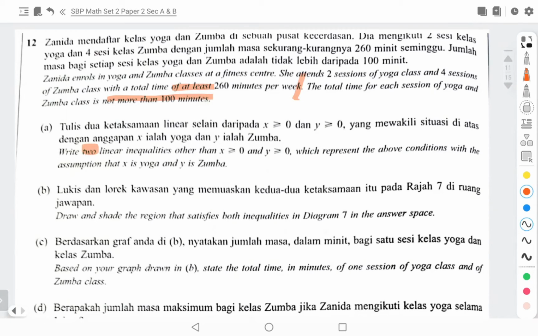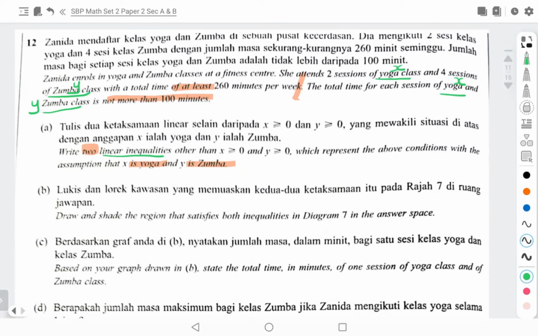Now already given, x is yoga, y is Zumba. So you go and find back here, yoga you represent with x, Zumba is y. Second sentence also the same, x, y. When you want to find the linear inequalities here, you split it into 2 sentences.